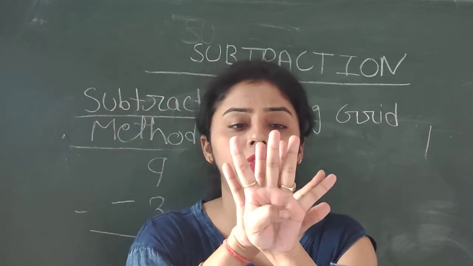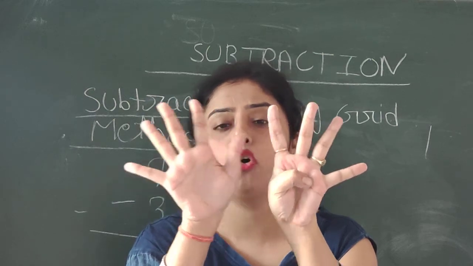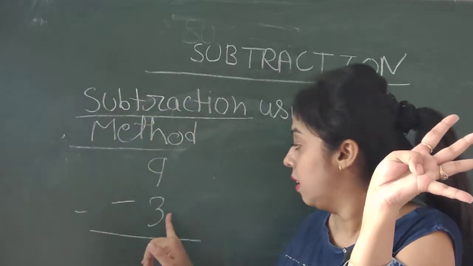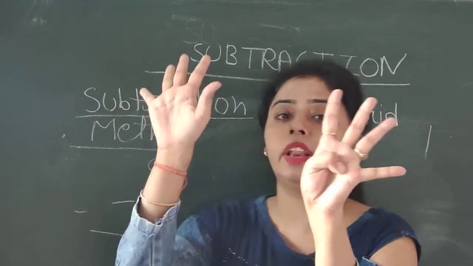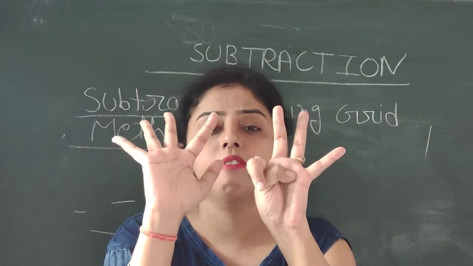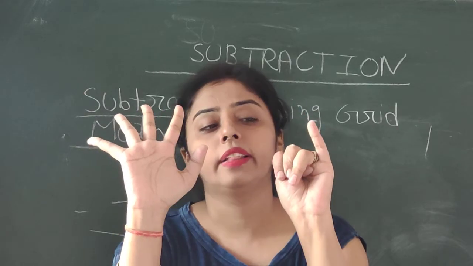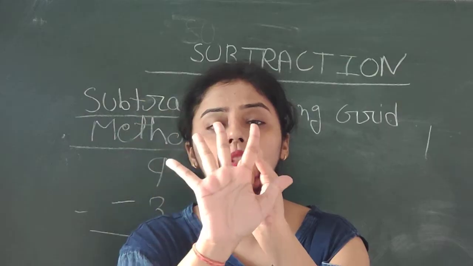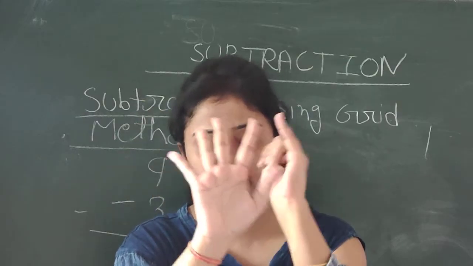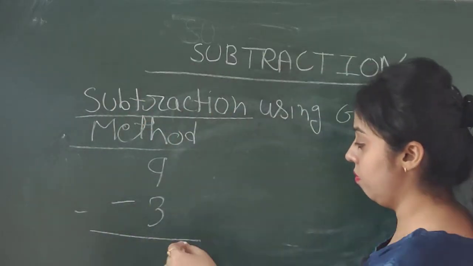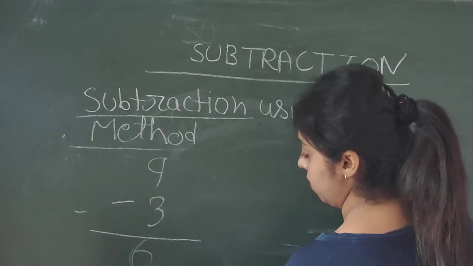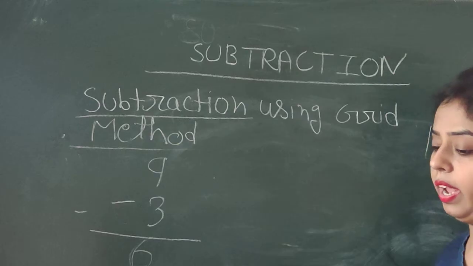So count the fingers: 9 fingers, and subtract 3. Subtract 3. 1, 2 and 3. 3 फिंगर्स हमने बंद करी तो कितने बचे? 1, 2, 3, 4, 5 एंड 6. 6 is the right answer. Okay.